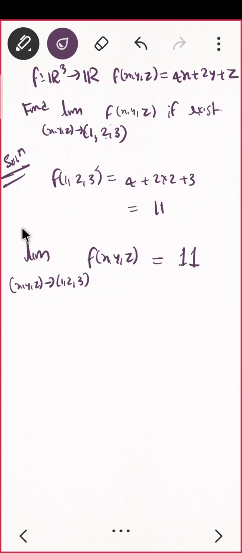Do you agree? Do you agree with the limit first? Do you agree with this? If you agree, then we have to start with epsilon delta. That's it.